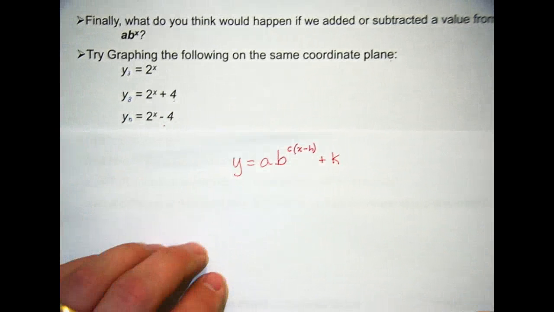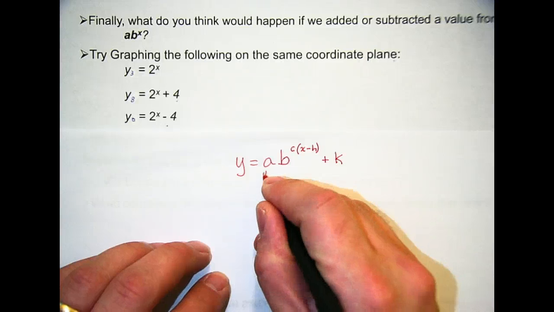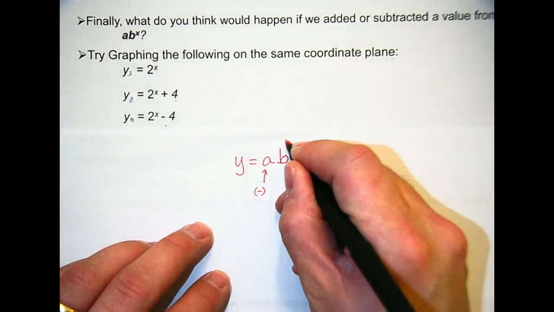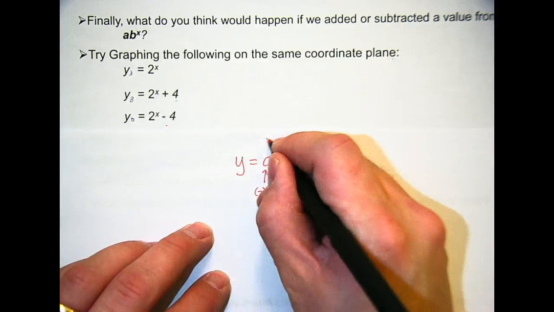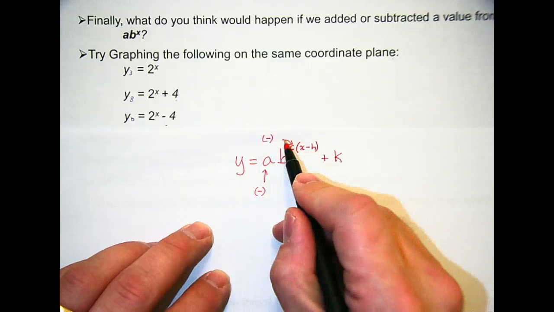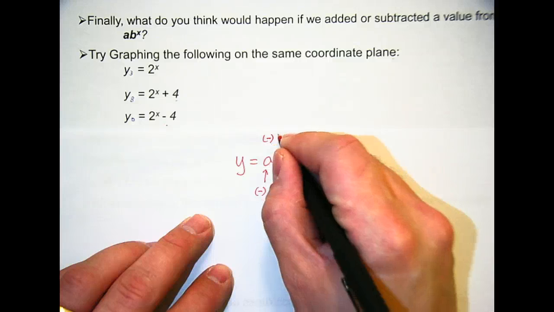You should know what each of these do. You should know what happens if this is negative. You should know what happens if this one's negative. You should know what happens if this is a big number, farther from 0. You should know what happens if it's close to 0.